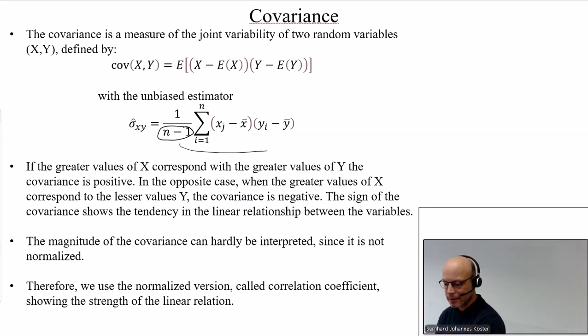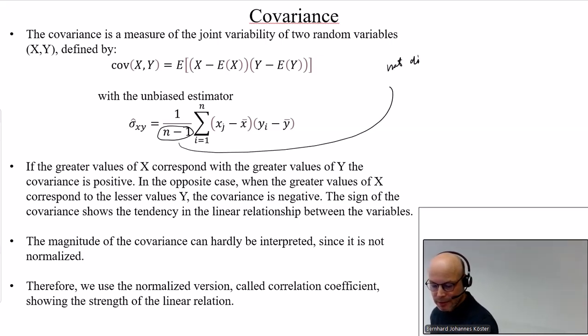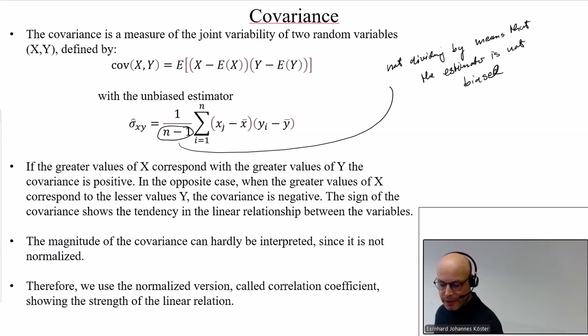So dividing by n minus 1 means that the estimator is not biased.